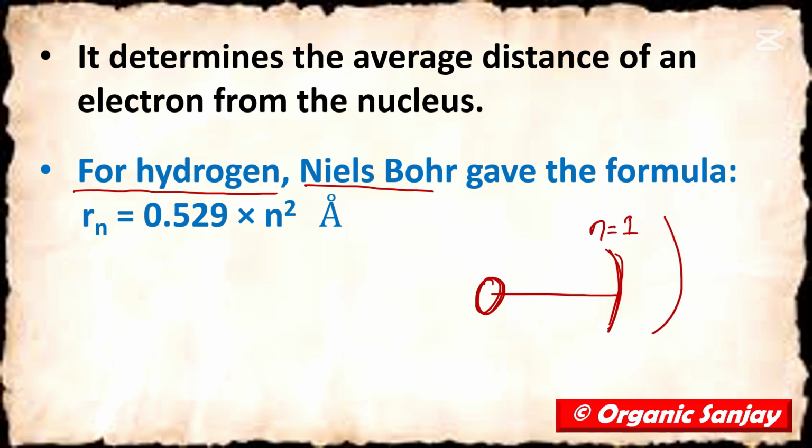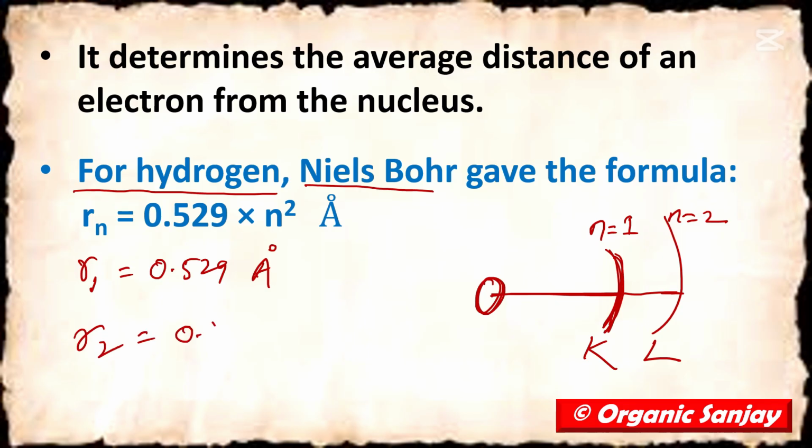For the first shell, K shell, the radius will be 0.529 into 1 square, so the answer is 0.529 angstrom. For the second shell, that is the L shell or n is equal to 2, the radius will be 0.529 into 2 square, meaning 4 times 0.529 angstrom.